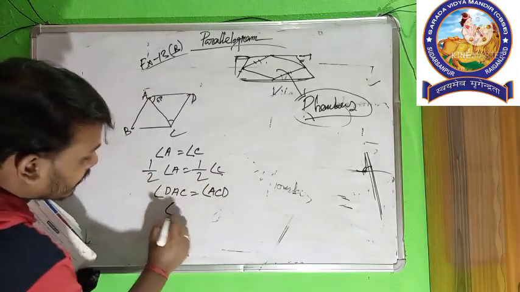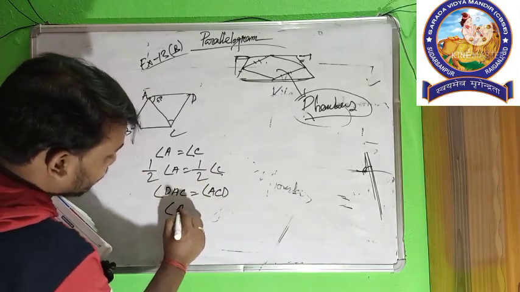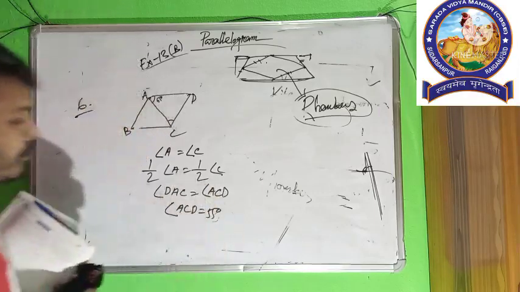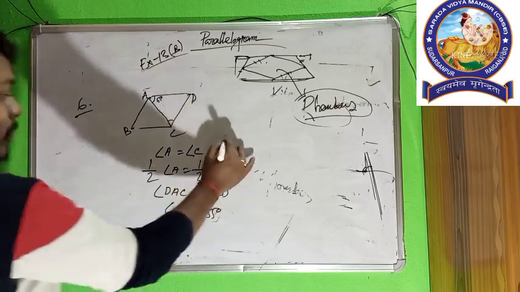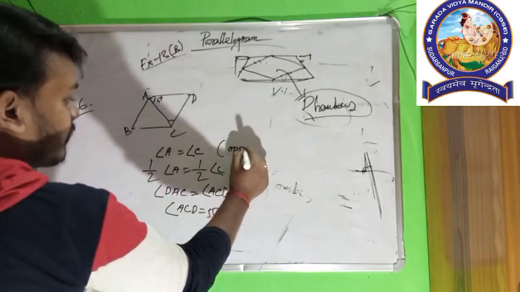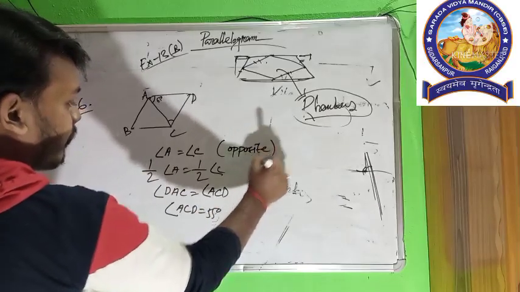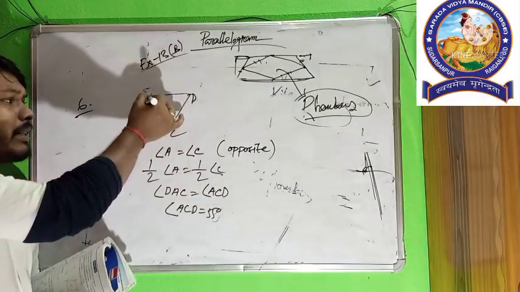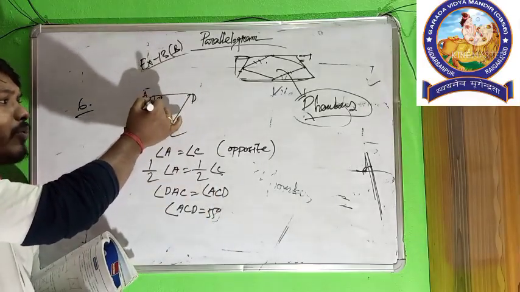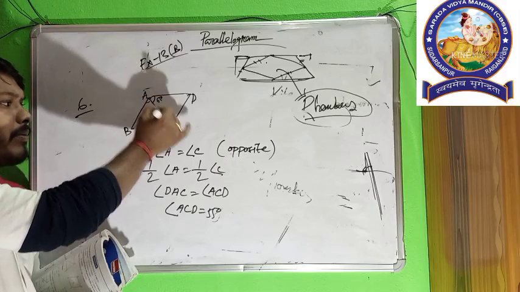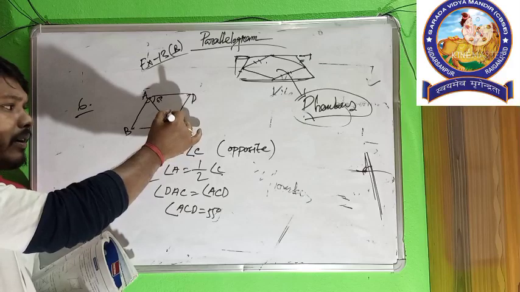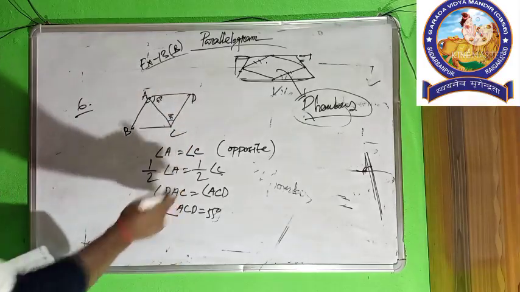DAC is given 55, so ACD is also 55 degree. We divide both sides by 2, or you can think the diagonal bisects the angle into equal halves. So it is also 55, and since opposite angles are equal, it is 55.